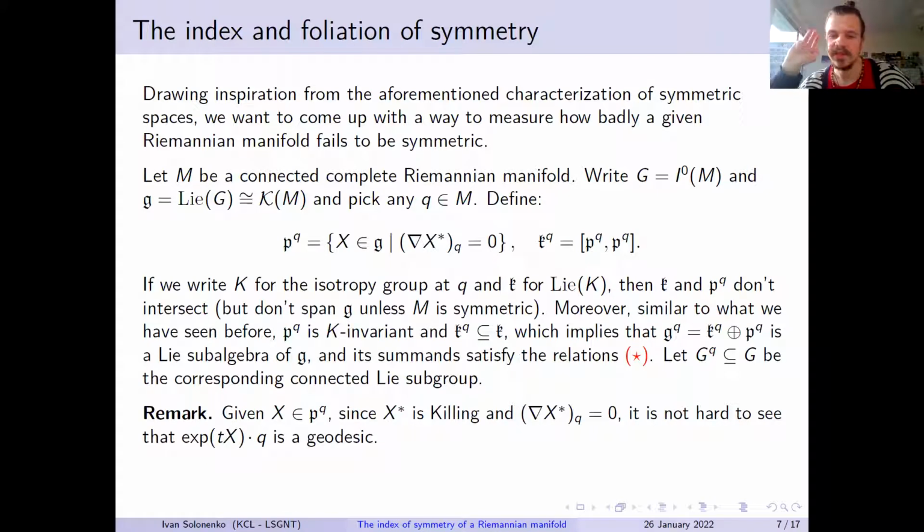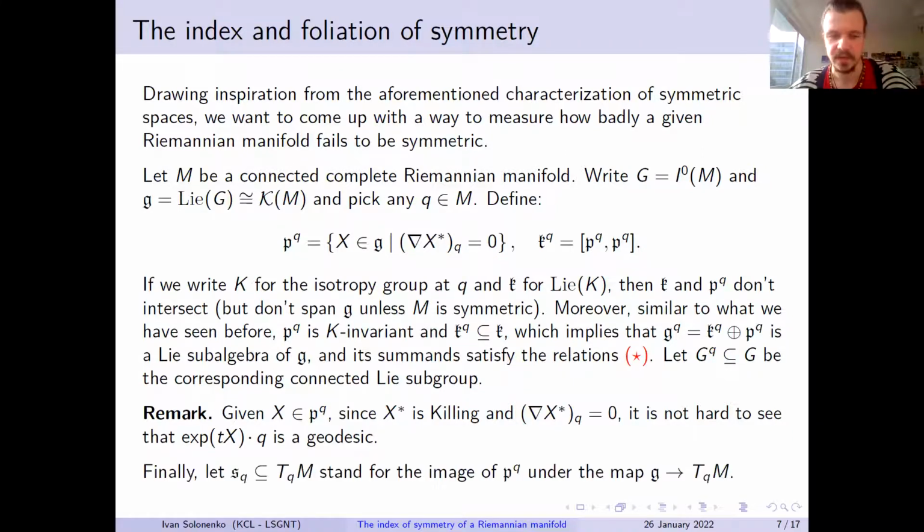And you also know that its covariant derivative at Q is 0 by definition. From this, it's not hard to see that the integral curve of this Killing vector field, which is just the orbit of Q under the one parameter subgroup X of Tx, is a geodesic. Okay, this is always the case in the symmetric spaces. This is a standard fact.